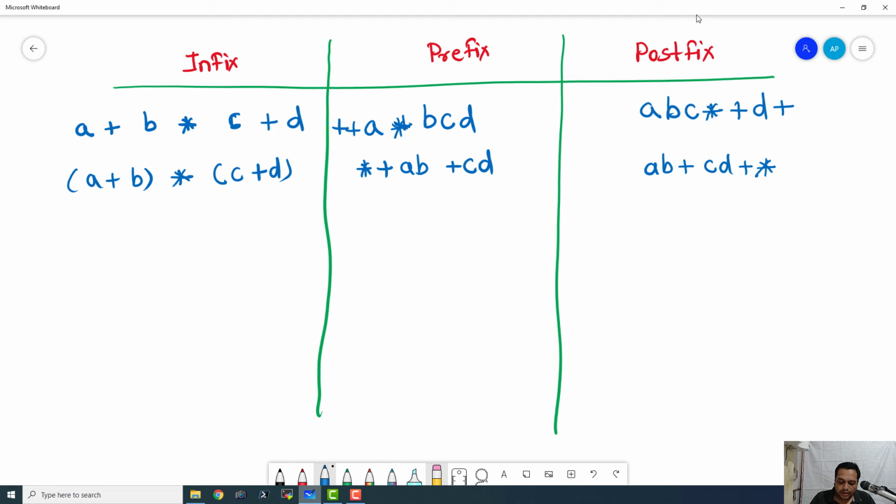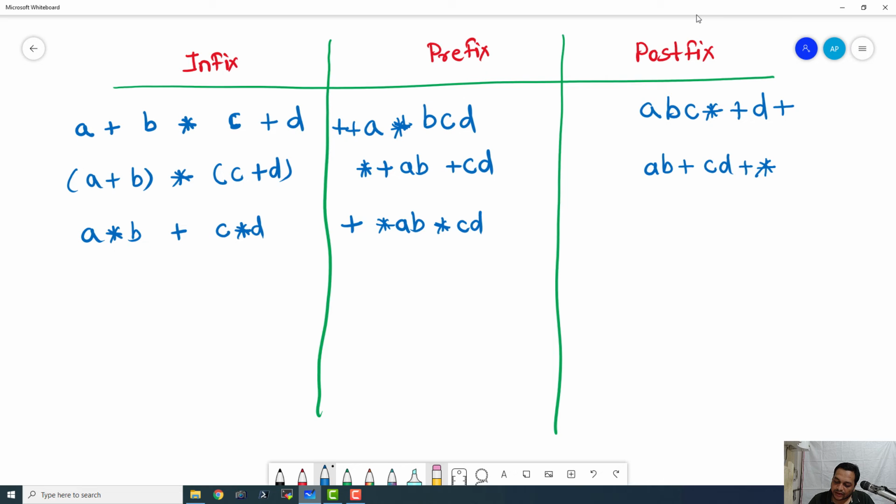Now let us have a look at another expression, A multiplied by B plus C multiplied by D. So here multiplication has got higher precedence than addition. So we will have to write AB multiplication, similarly CD multiplication and addition.